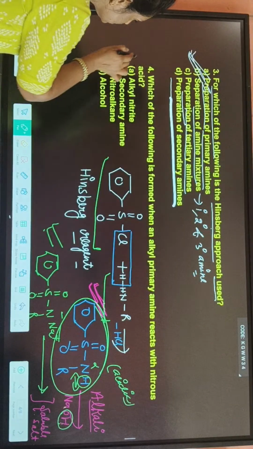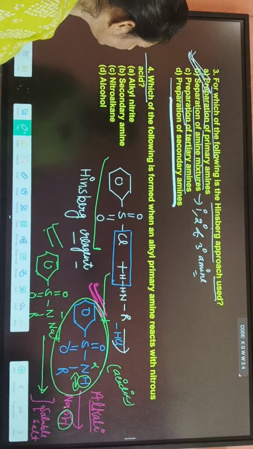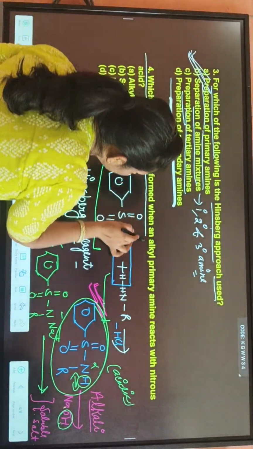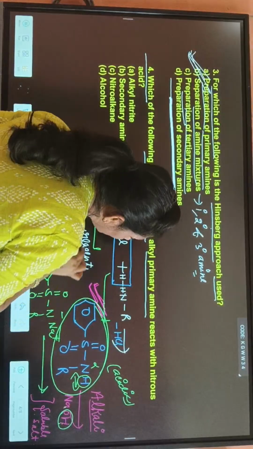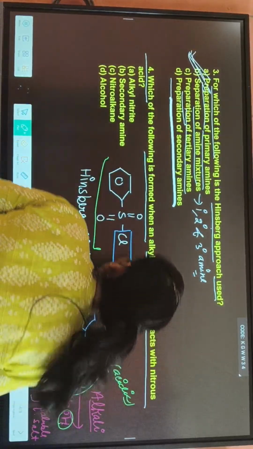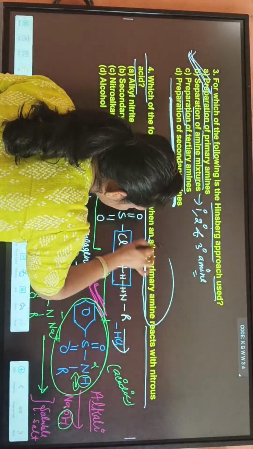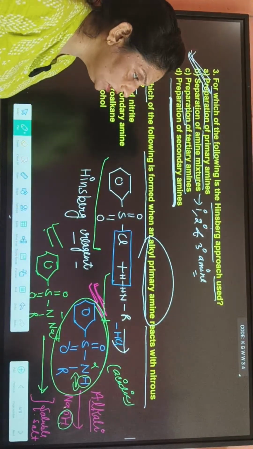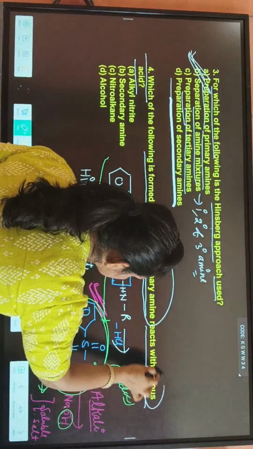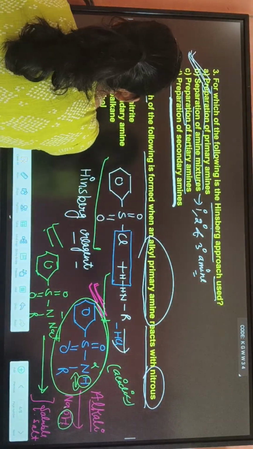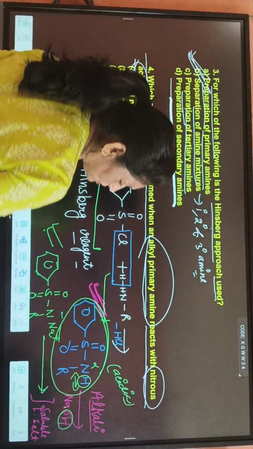Now student, our next question: which of the following is formed when alkyl primary amine reacts with nitrous acid? You have alkyl primary amine, you react it with nitrous acid, then what will you get?